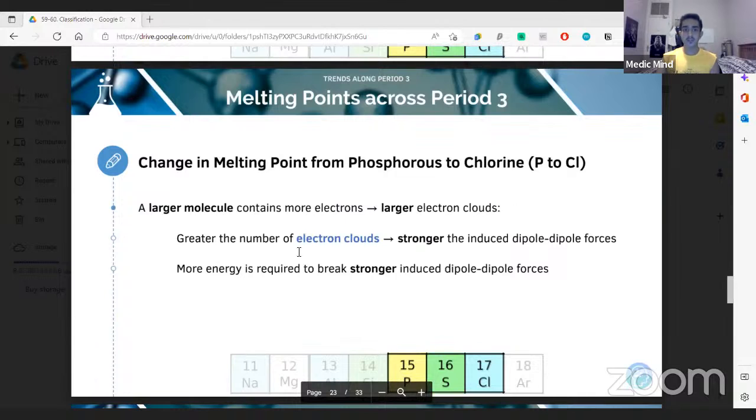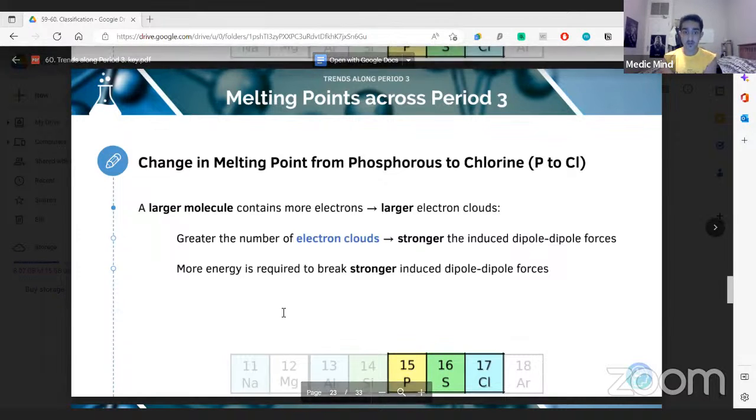So a larger molecule contains more electrons, has larger electron clouds, which means that the greater the number of electron clouds, the stronger the induced dipole-dipole forces, because there are more electrons in those electron clouds, which means as they're rotating in their shells, these induced dipole-dipole forces are going to become stronger.